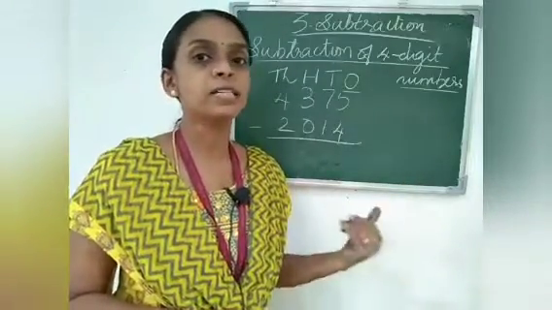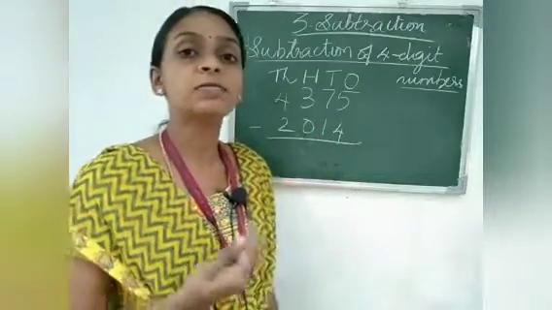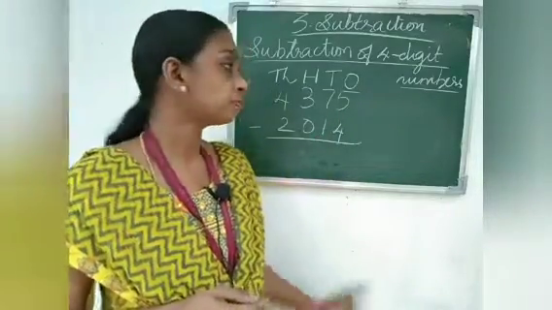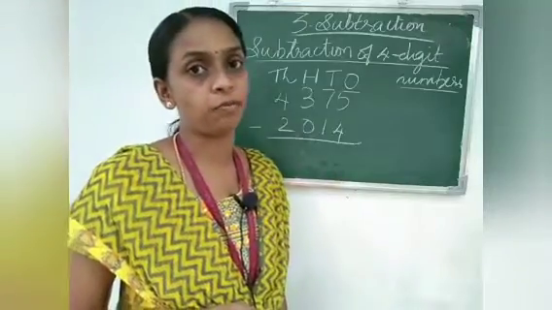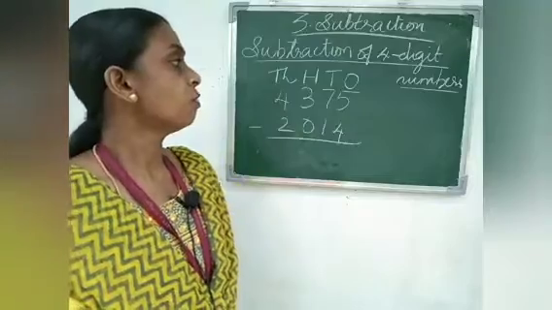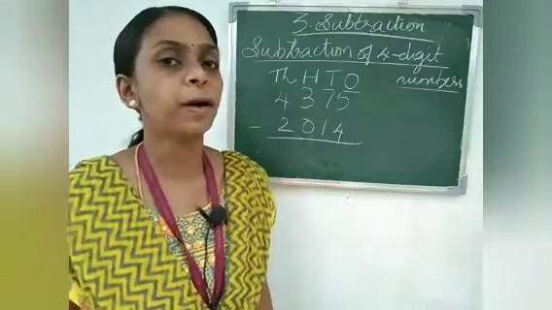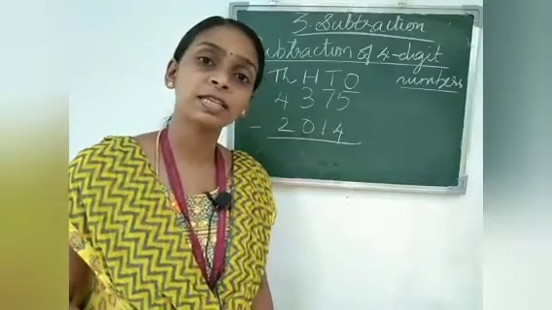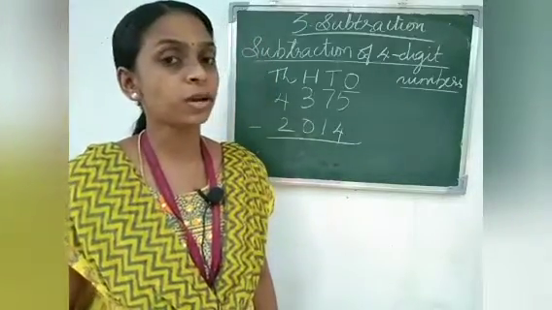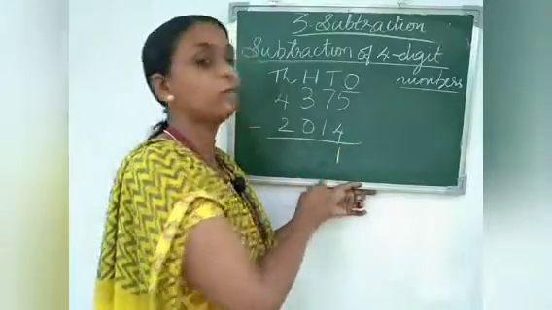The numbers in the ones place are 5 and 4. We have to subtract 5 minus 4. 5 minus 4 is 1. So we write here 1.